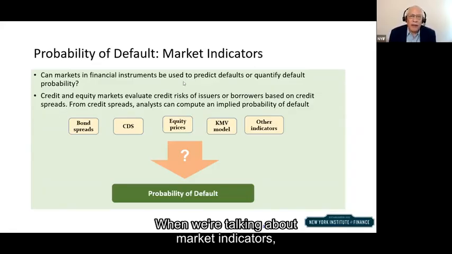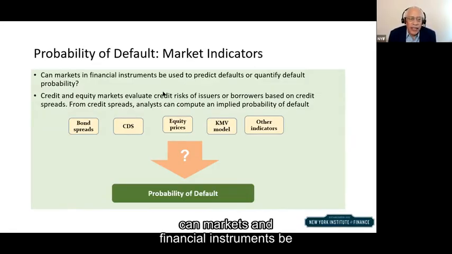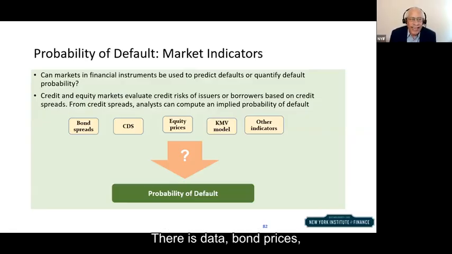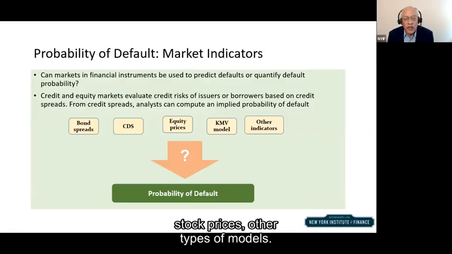So when we talk about market indicators, can markets and financial instruments be used to predict defaults and quantify default probability? We're looking across the spectrum. We're talking about credit and equity markets. And so there is data: bond prices, credit default swap prices, stock prices, other types of models.